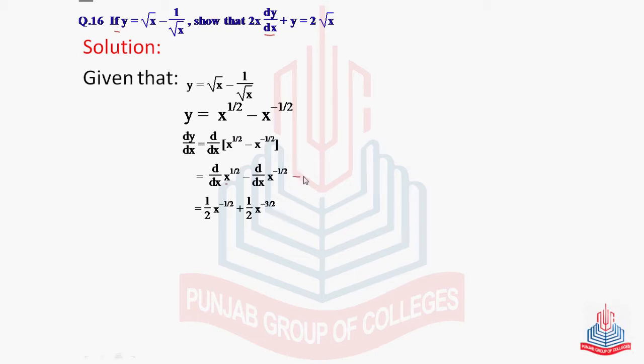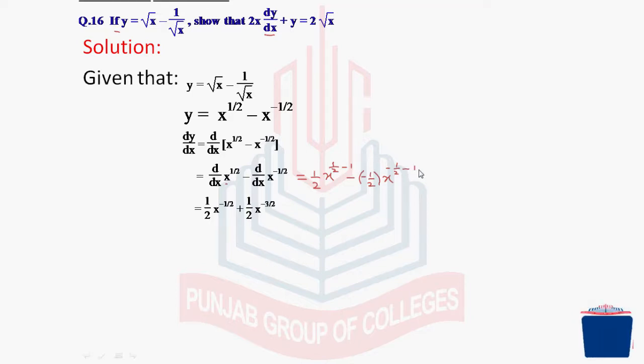So if we explain it separately, this is actually 1 by 2 x raised to the power 1 by 2 minus 1, minus, by applying derivative on this portion using power theorem, minus 1 by 2 x raised to the power minus 1 by 2 minus 1.